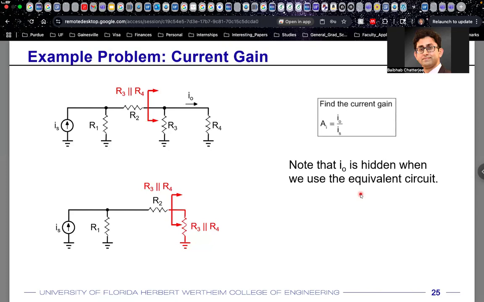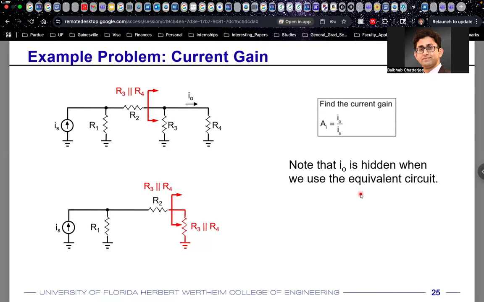Again, you see that the current through R4 was our output quantity. The output quantity is now lost. It is hidden inside this R3 parallel R4 term. So you don't have direct access to your output quantity, but we'll again go back to it once we walk our way backward to the input side, and then we'll walk our way forward to the output side. Okay, so you have R3 in parallel with R4 over here.